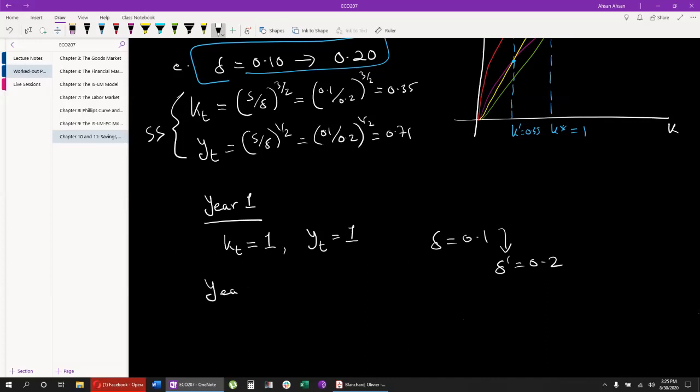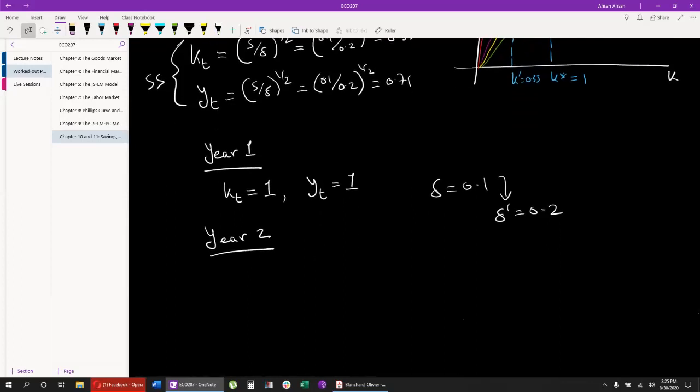Let's take a look at year 2 now. We have K_t1. What will be K_t+1? How much capital will we have in year 2? That is given by (1 minus delta) K_t plus s Y_t.